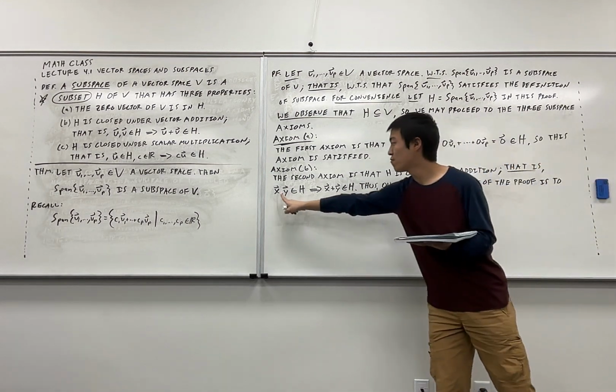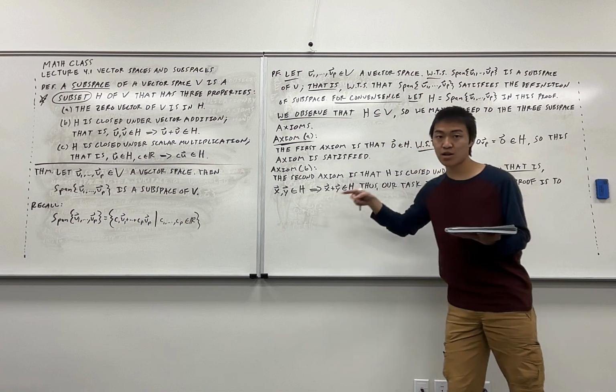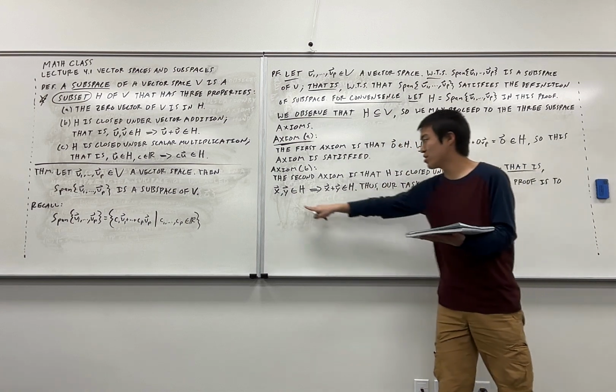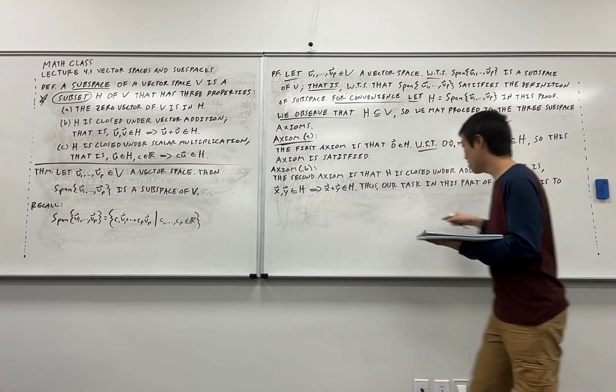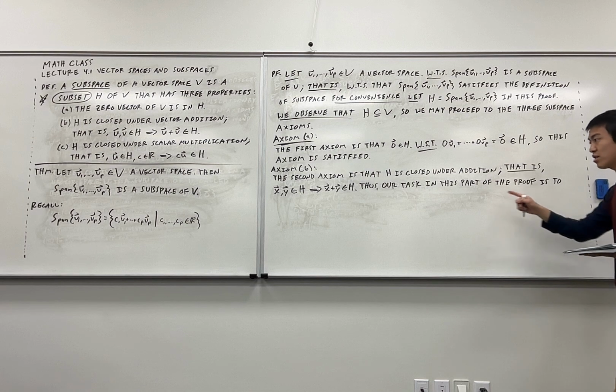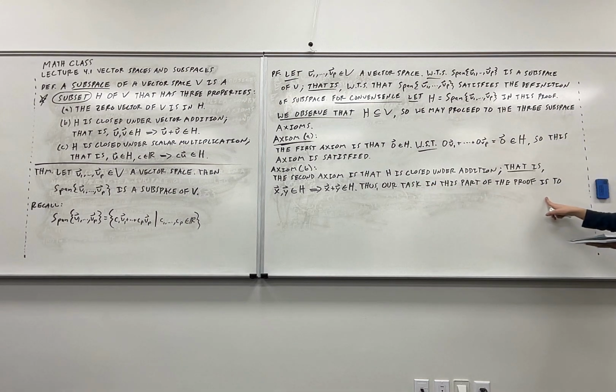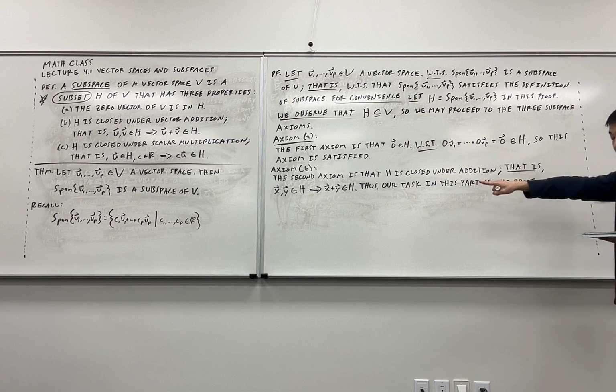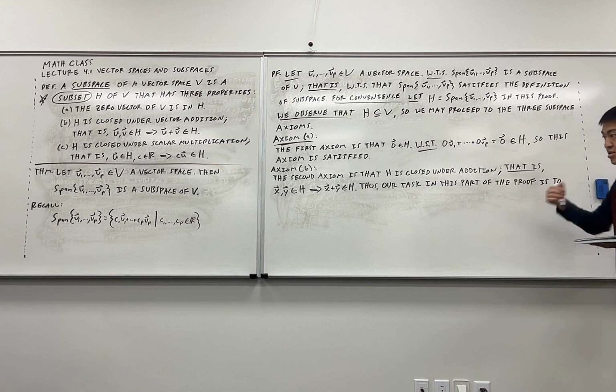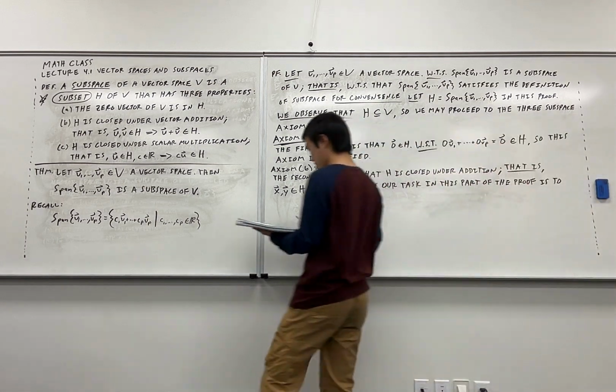How do I show this statement? What constitutes a good way to mathematically, rigorously show this? Well, that's what I'm going to articulate here for us. Our task in this part of the proof is to declare what we mean by x and y in the first place.